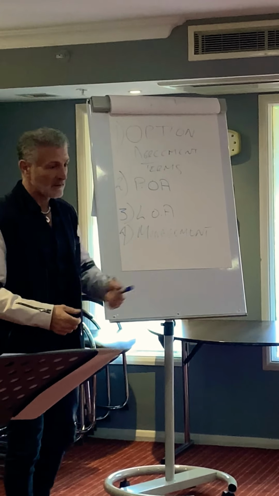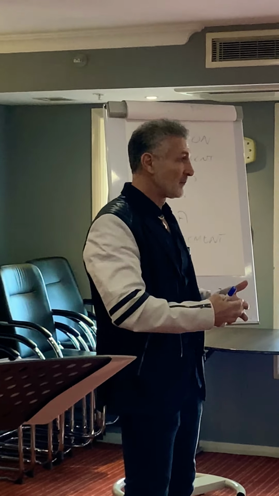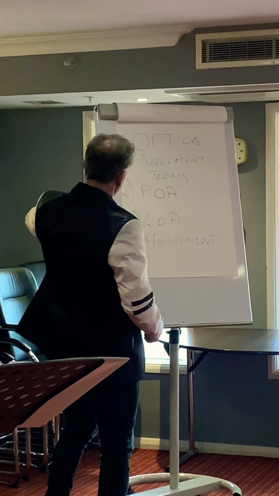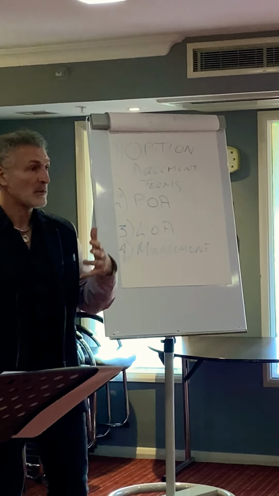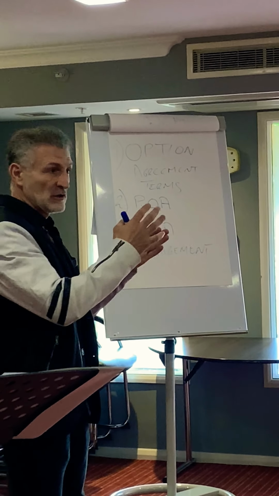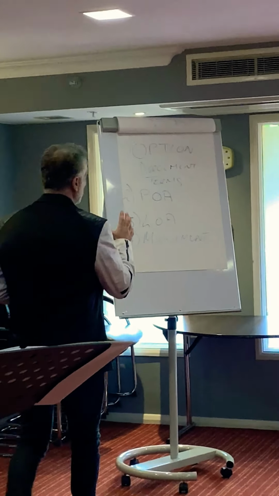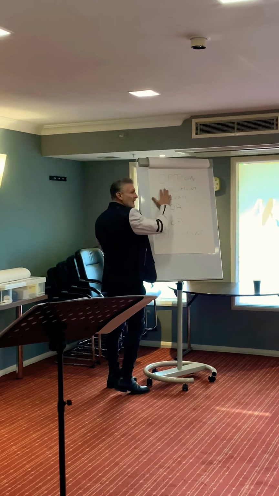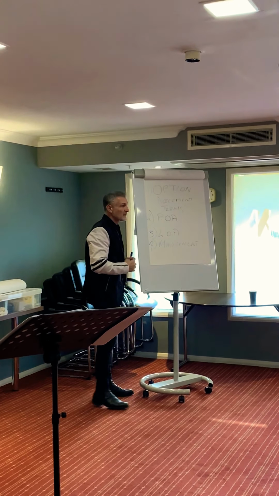You have a letter of authority, one for each individual person, and then you do a joint one. So these are the four documents that allow you to control the property, whether it's short, medium, or long term. Before we go on any further, is there anything you'd like clarified on any of these? You say the management agreement.